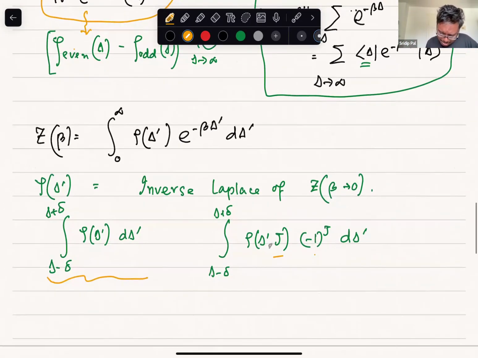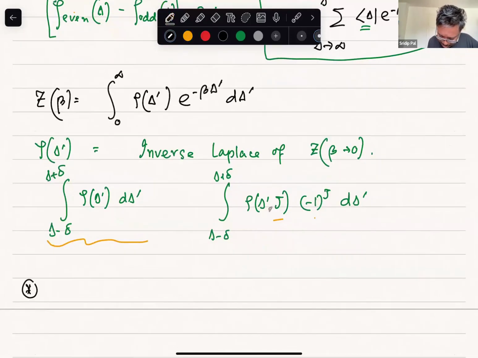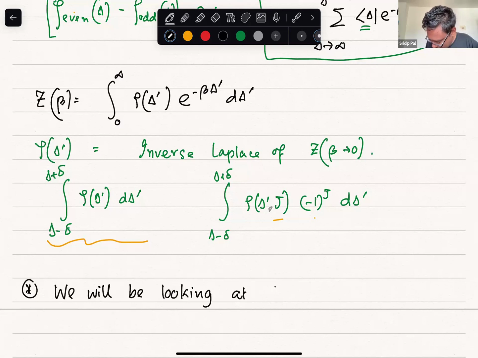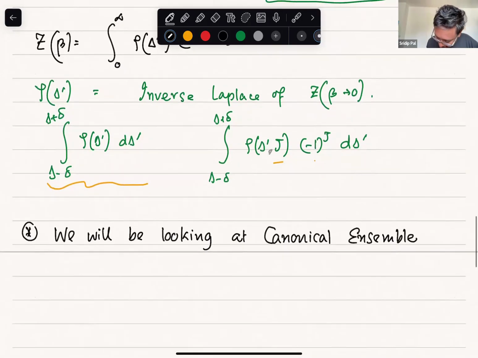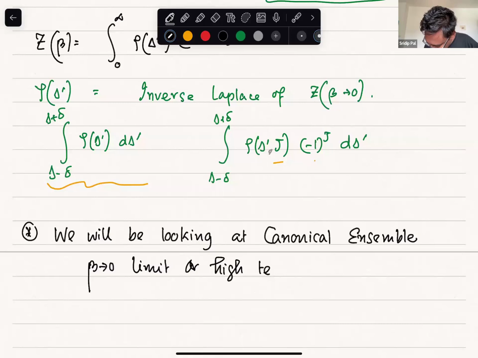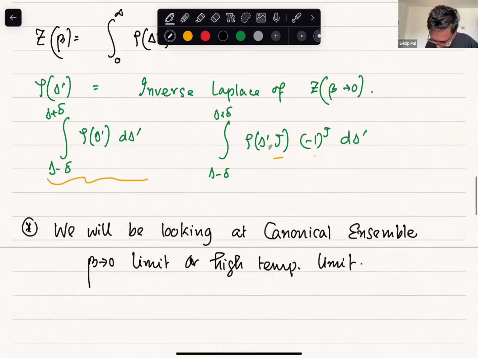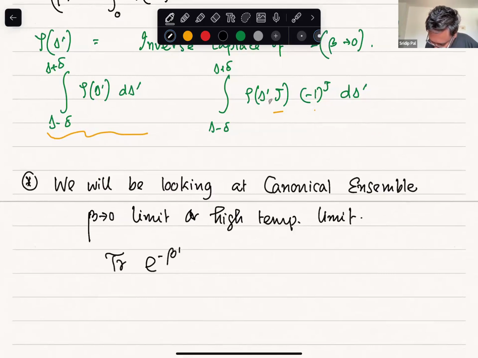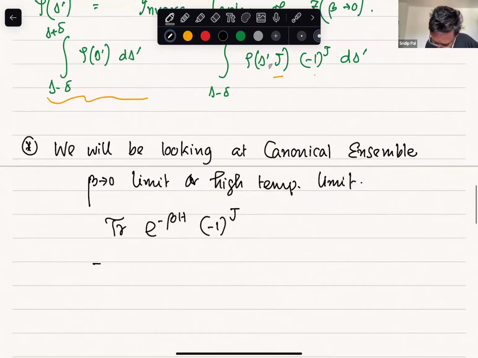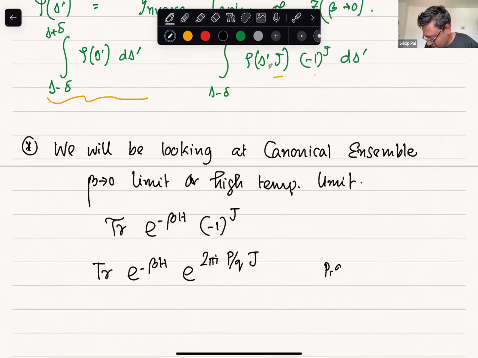So the upshot of all this discussion is that we will be looking at the canonical ensemble, and the idea is to look at the β going to 0 limit, or high temperature limit, of this kind of quantity, trace e^(-βH) (-1)^j, or more generally trace e^(-βH) e^(2πi p j/q), where the GCD of p and q is 1.